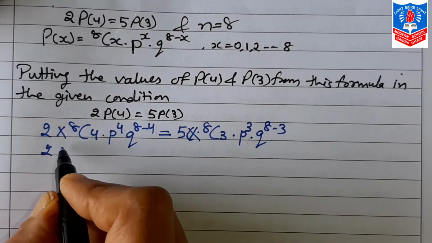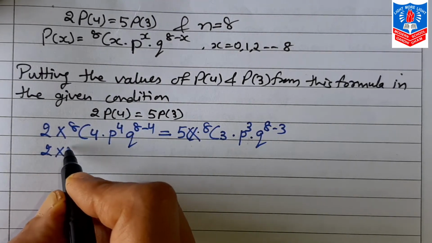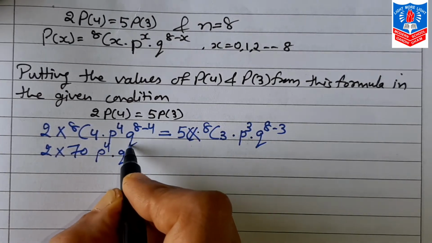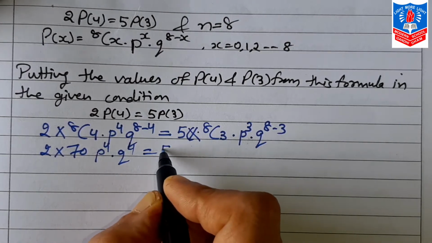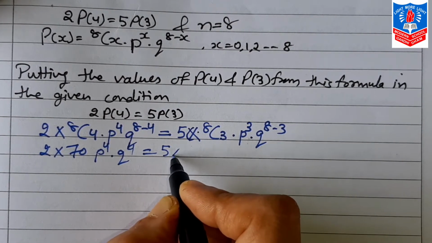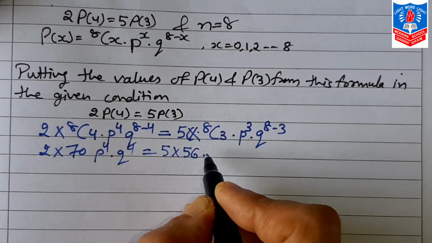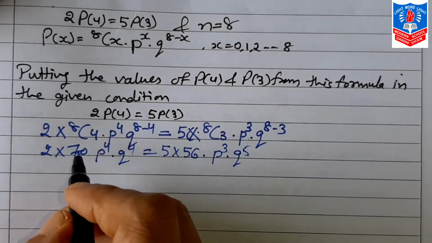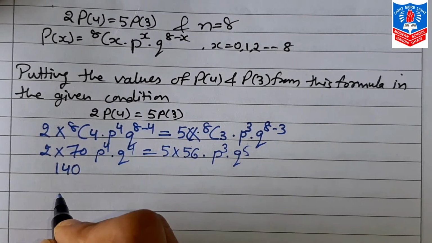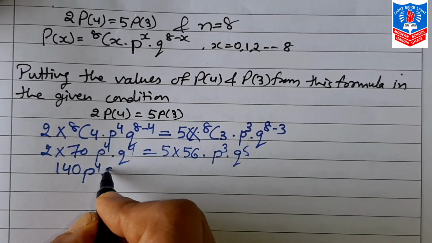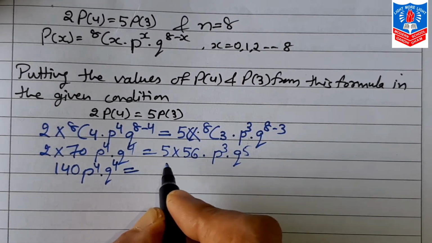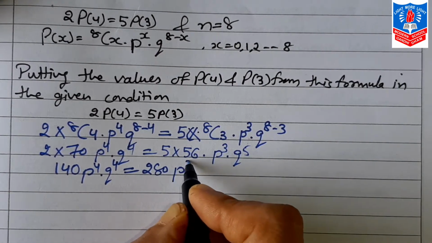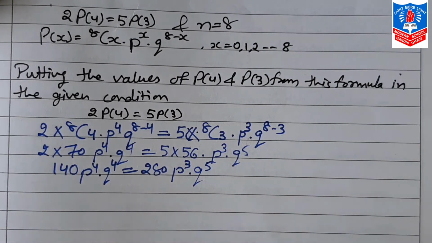Now 2 into 8C4, the value of 8C4 comes 70, p raised to 4 q raised to 4 is equal to 5 into 8C3, that comes 56, p raised to 3 and q raised to 5. Now 2 into 70, that will be 140, p raised to 4 and q raised to 4 is equal to 5 into 56, that is 280, p raised to 3 and q raised to 5.